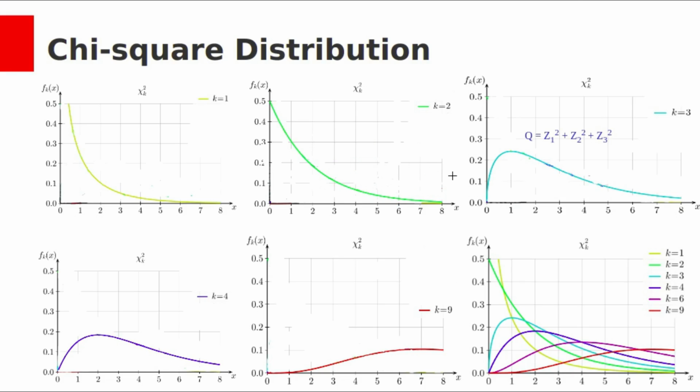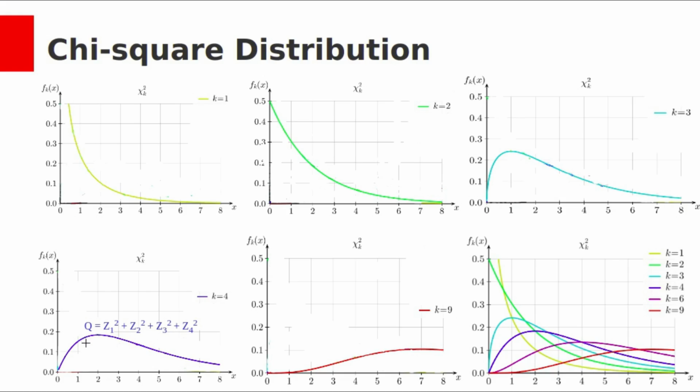If we take three samples from the standard normal distribution, z1, z2 and z3, q will be z1 square plus z2 square plus z3 square. The distribution of q will look like this curve. See here, q values near 0 are almost 0. The probability of the summation of all these three values becoming 0 will be very less. It will only be possible if z1 equals 0, z2 equals 0, z3 equals 0. Here probability around 1 is high. Summation of all these z values will be around 1.